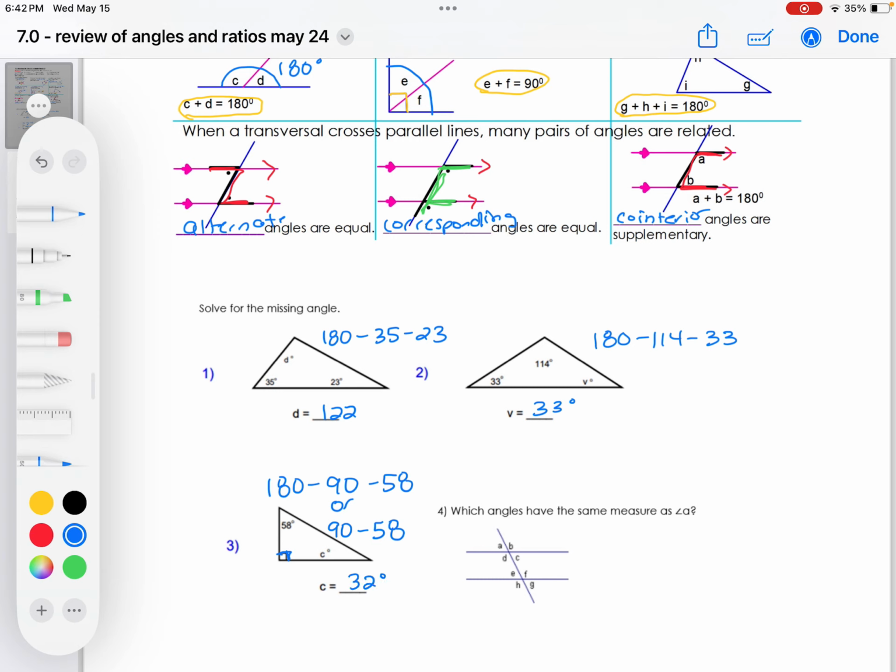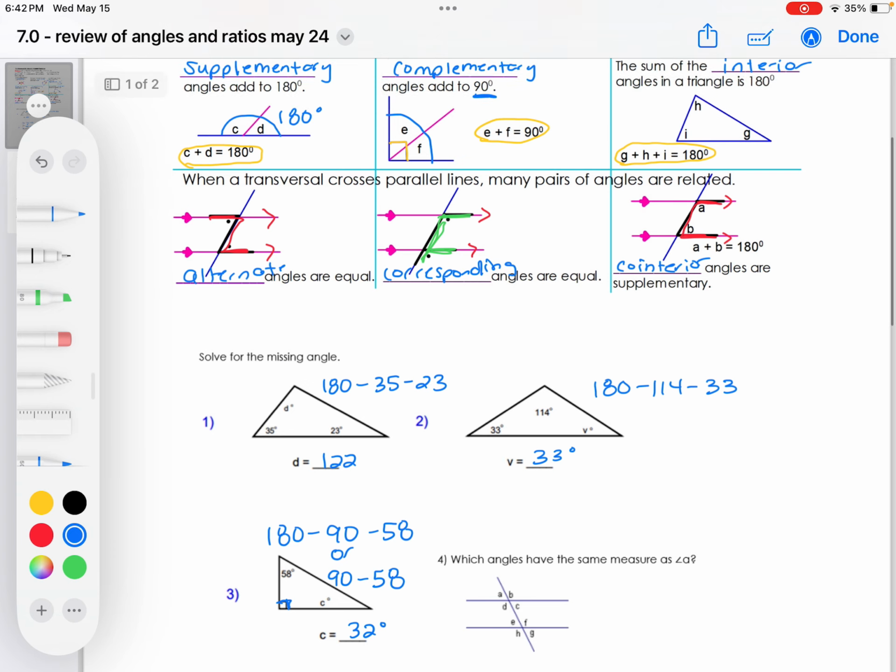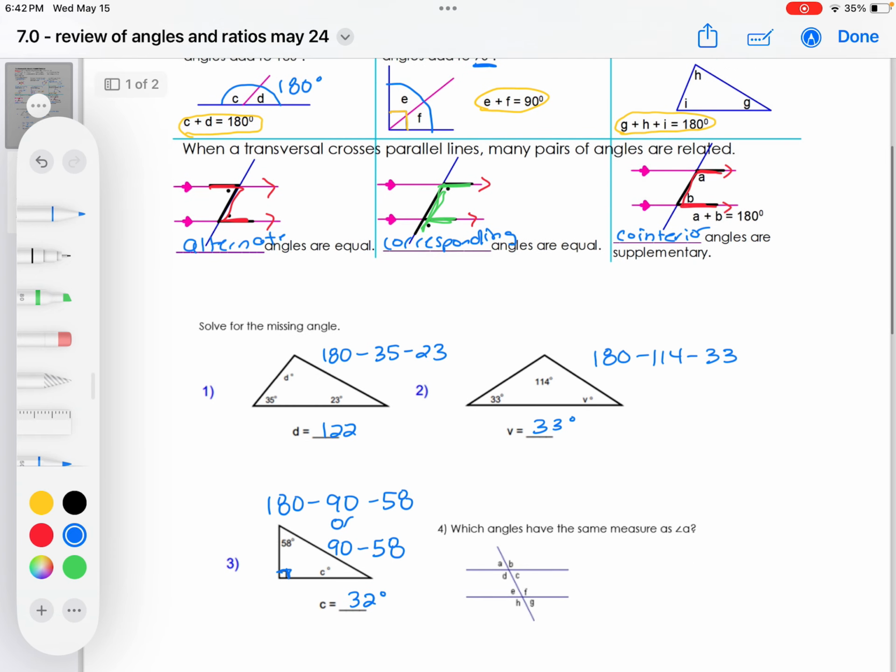But this is only true for a right angle triangle. So if you want to do the same procedure every time, then use the interior angle property and do 180 minus 90 minus 58.